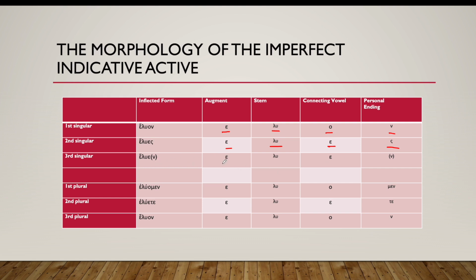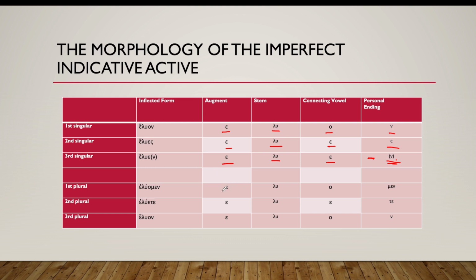Elue: augment, stem, connecting vowel, and we have a nu here as the personal ending, but it's a movable nu. Okay, so almost think of this as probably more accurately a zero ending here, a no ending, and the nu is a movable nu.